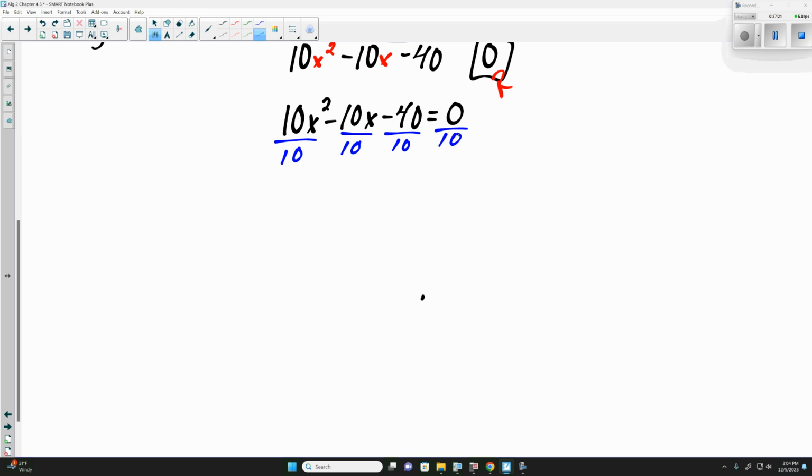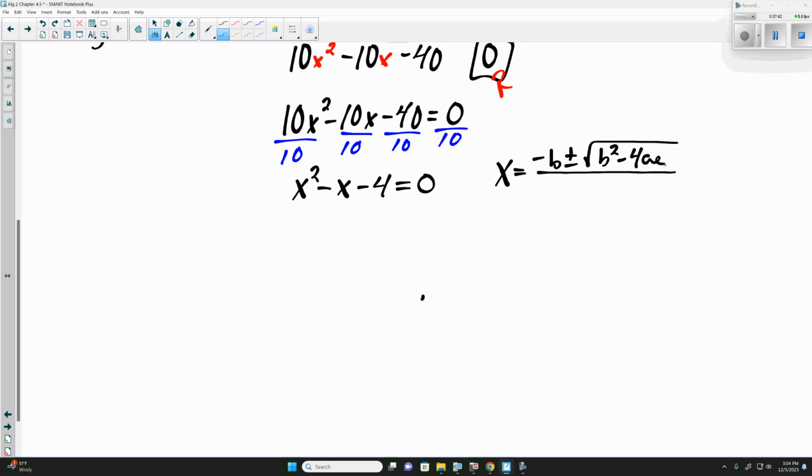Now, if a variable is in common with every single term, we cannot divide it out because it's removing a 0 from the equation. And most likely it is a 0. It's actually 0. But this helps us finish solving, because now our numbers are going to be a little bit smaller and a little bit more manageable. Also, it means that there would have been a common factor of 10 that had to be removed later anyways.